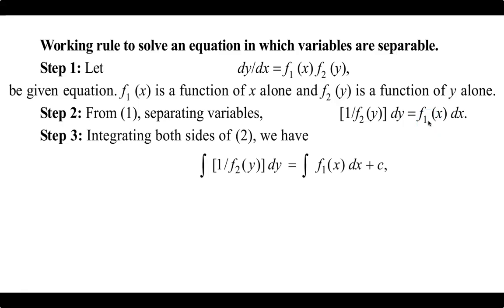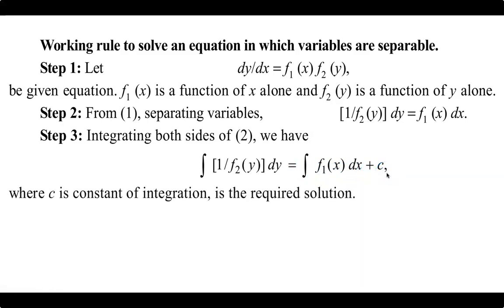Then on integration we will get a relation in the form integral 1 by f2 of y dy equal to integral of f1 of x with respect to x plus constant of integration c. And this relation, which shows us the relationship between these two variables x and y, gives us the required solution.